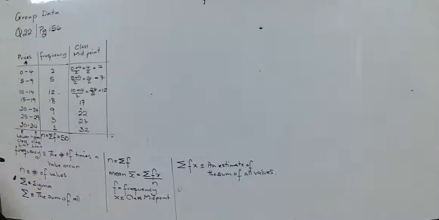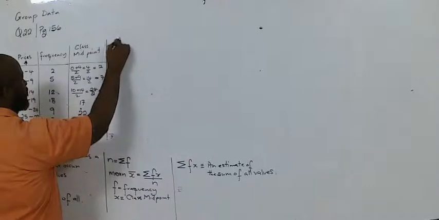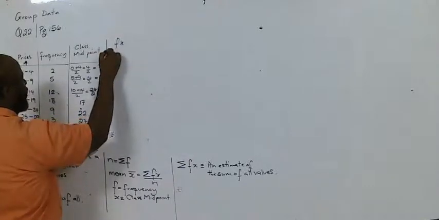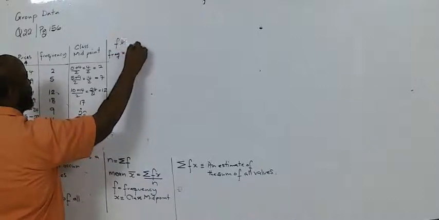Alright. So write and listen. You have to write, look and listen. So keep writing. Alright, the next thing I'm going to put up is the fx. fx stands for frequency times class midpoint.